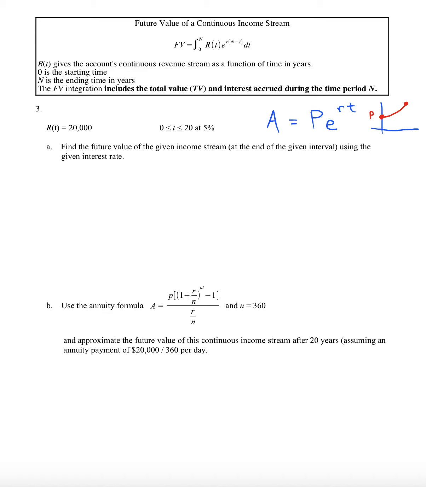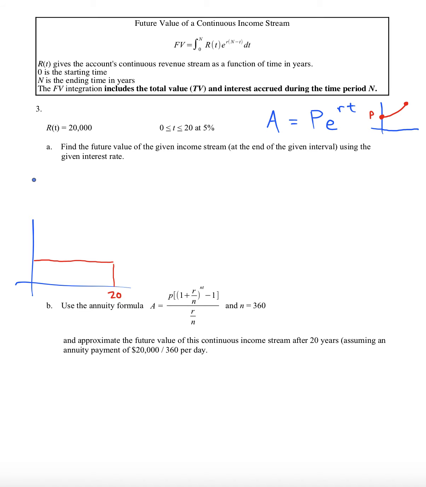The formula involves an integration, but this time we're not just integrating the total value, like we're not just integrating how much money is being paid into the account, we also want that money to be earning interest. So if we look at this very most basic type, where we have a constant 20,000 being earned over 20 years.